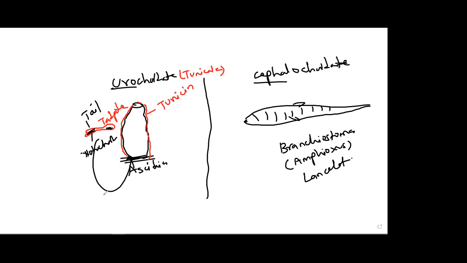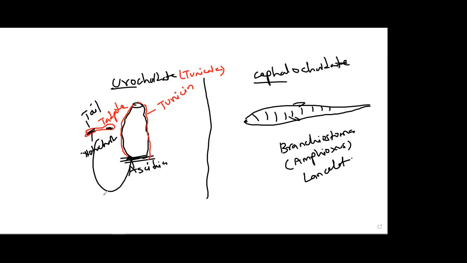Yes, the larva has nerve cord, notochord only in the tail, and gill slits. But during metamorphosis, it loses its tail completely. So notochord is lost, nerve cord is degenerated. Only gill slits are retained throughout life.